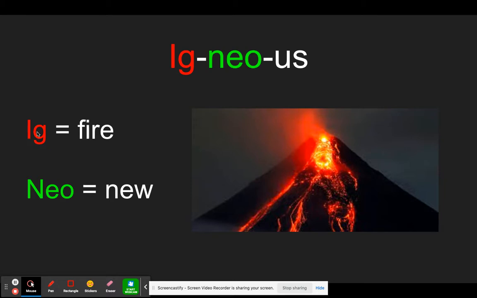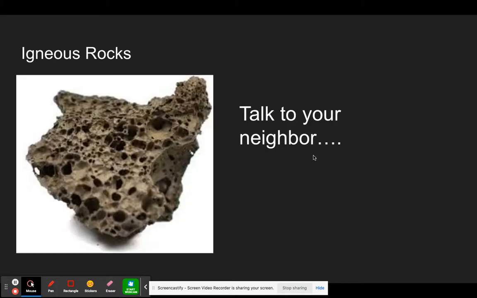So ig means fire, and neo means new. And it basically says new right there, right? Just one letter off. Neo means new. So igneous rocks are like brand new rocks that are formed from fire, meaning from the heat of the earth. That's what creates them. So that's how I remember igneous rocks.